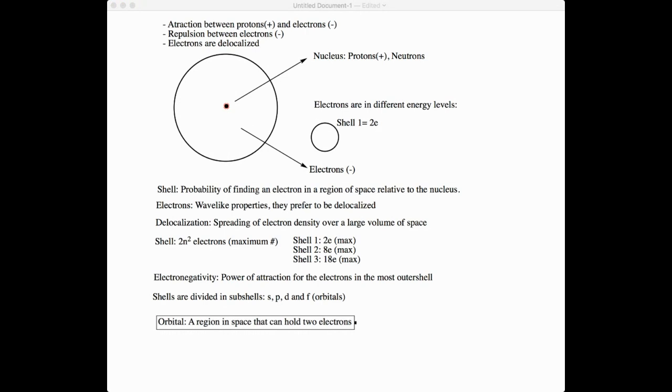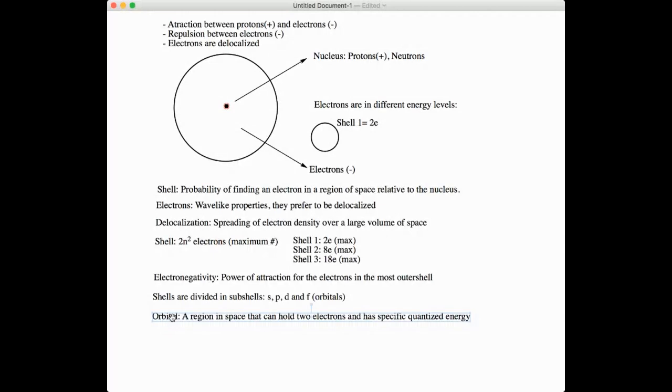Okay, and it does have specific quantized energy. So point being, and this is also crucial, the maximum number of electrons that an orbital can hold is always obviously going to be 2 electrons. Okay.